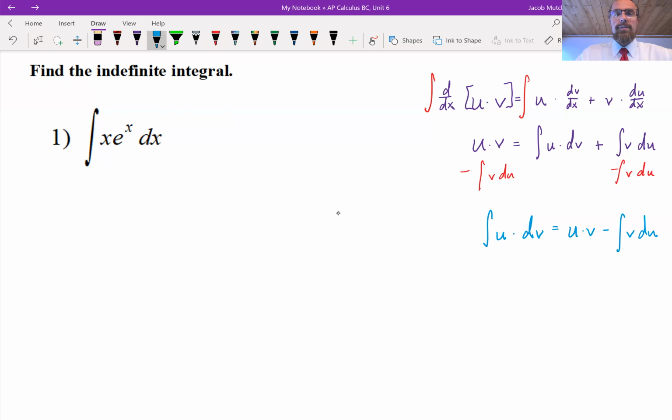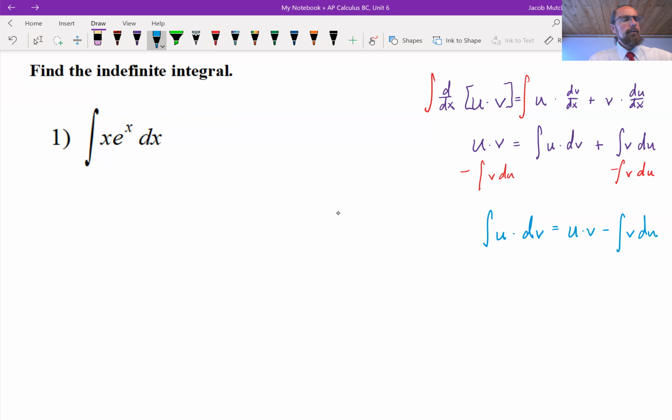So I want to start on this left side of the equation, and really what I want to do first is identify which factor in my integrand is going to be associated with the u and which factor is going to be associated with the dv. Now, we have a few guidelines. I want dv to be the most complicated part of the integrand that fits a basic integration rule.